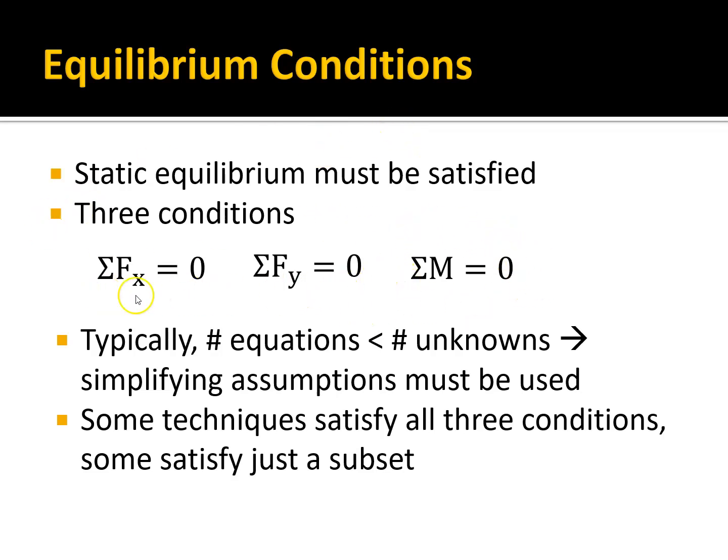They don't satisfy force equilibrium. There's also a limit equilibrium method that only satisfies force equilibrium. It doesn't do moment equilibrium. And there are a few methods that satisfy all 3, and we call those complete equilibrium methods. We'll explore some of those as well.